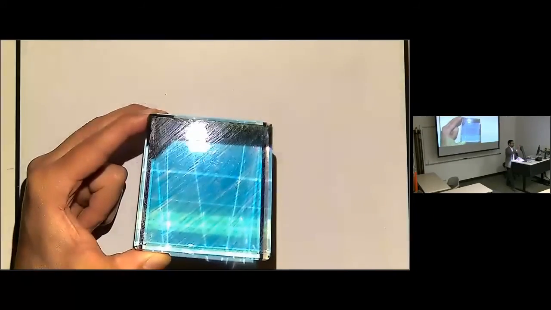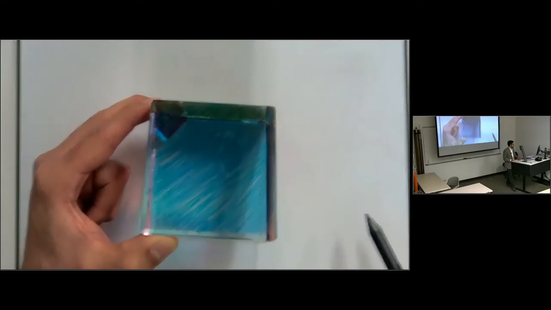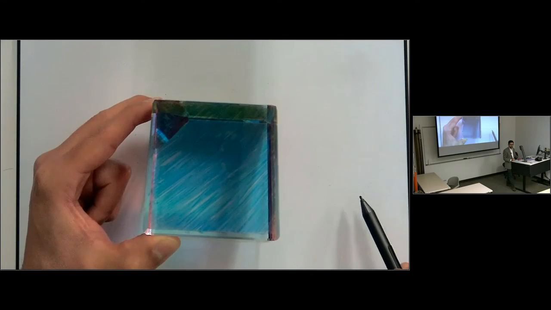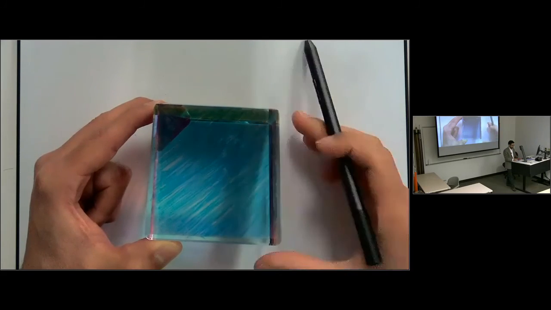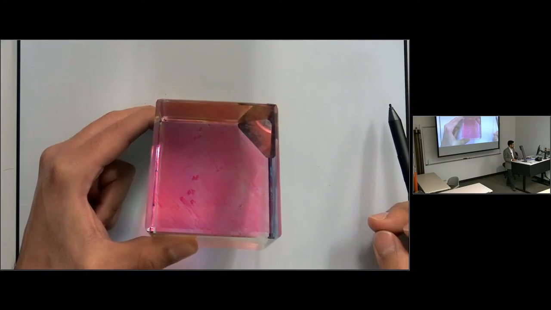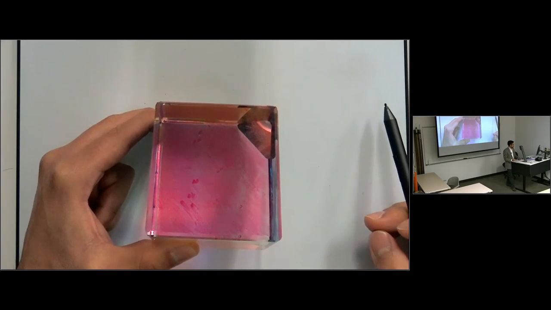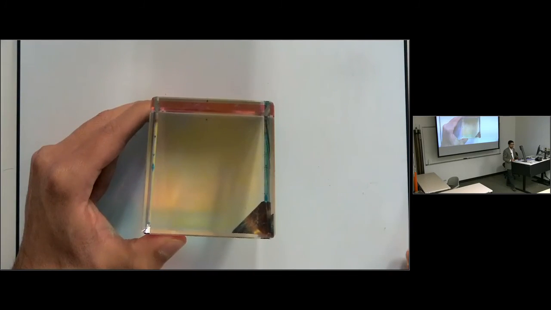Let me turn off the light. Let's see if that helps. Okay, a little bit better. There's just one color. It's blue. When you look in this direction, it's just blue. When you look in this direction, it is just pink. And when we look in this direction, it's just yellow. So there are actually 3 colors of the cube.